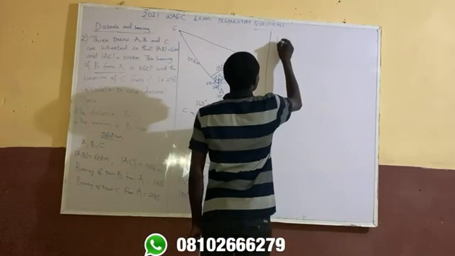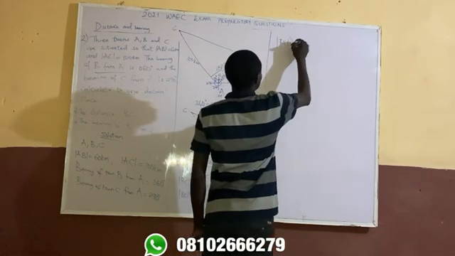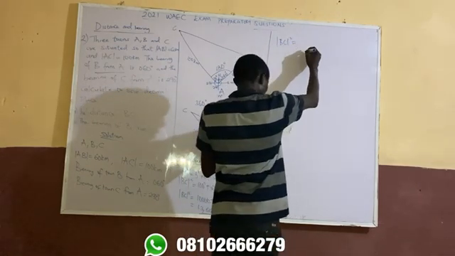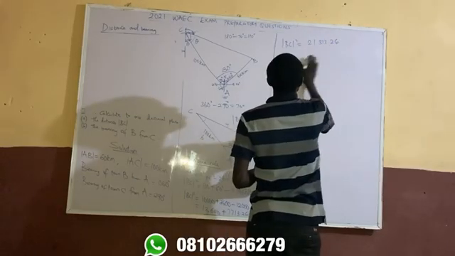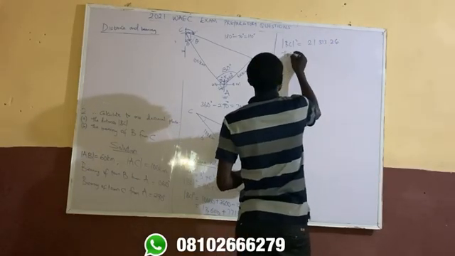I want to have BC square equal 21,006. So take the square root.